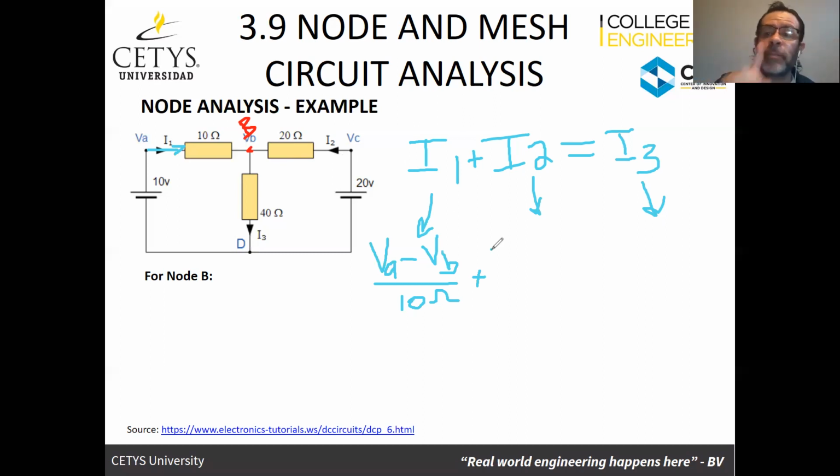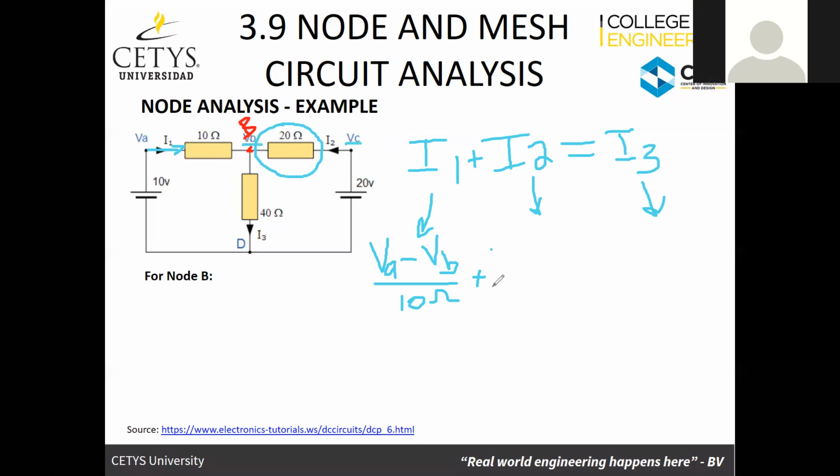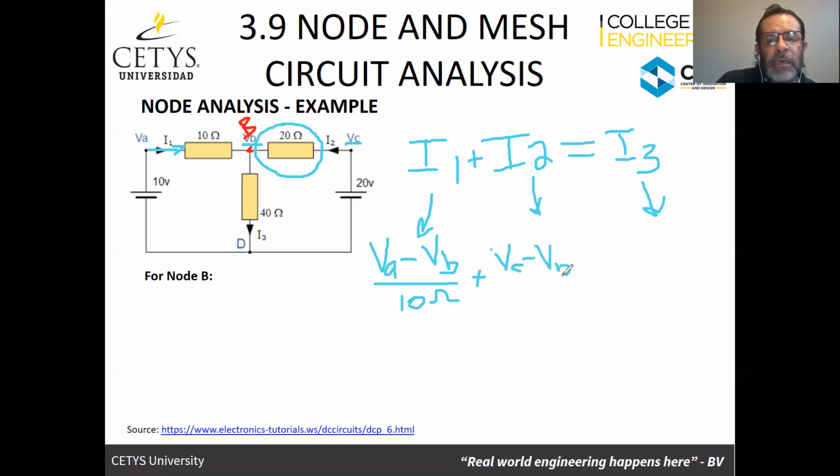Lucia, good approximation, but we have to look at the voltages that are here in both extremes of this resistor. What are the two voltages that are on both sides of this resistor? Sorry, it's VC. Yeah, VC. Perfect. It's VC minus VB divided by 20. Now, why do I say C minus B? Because I'm going to start where the current is going in, C minus B.